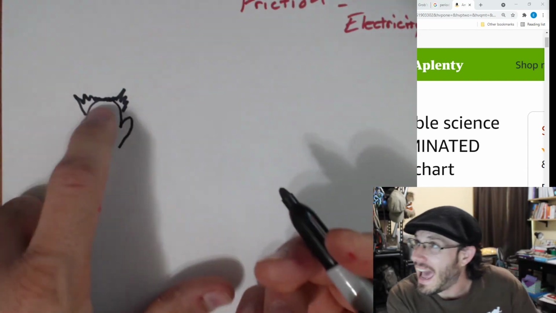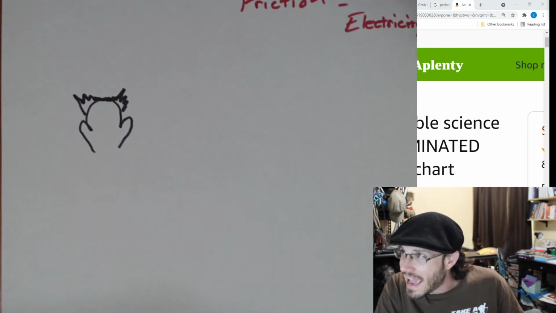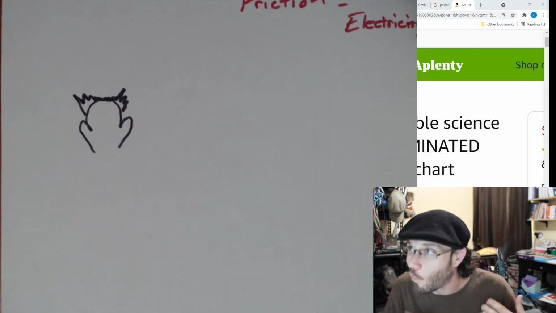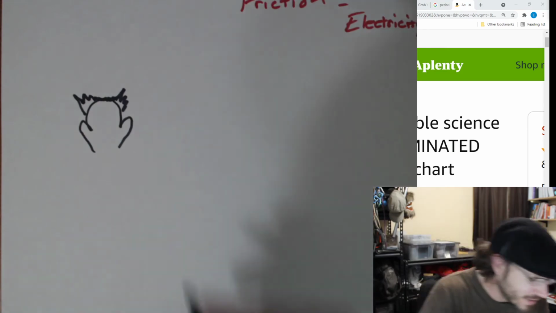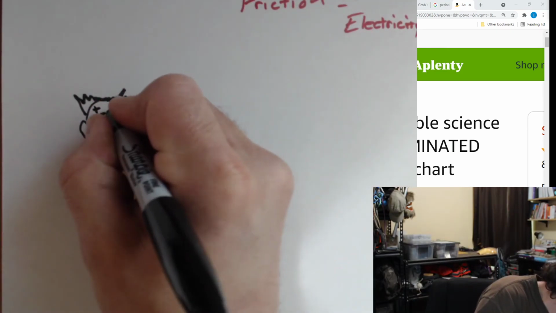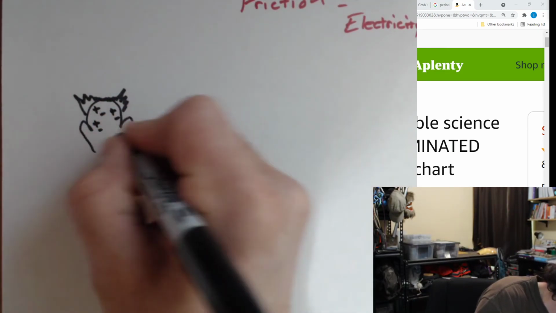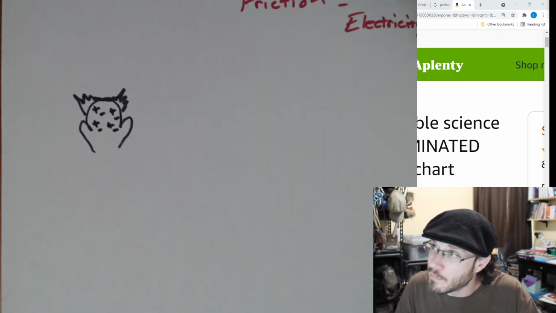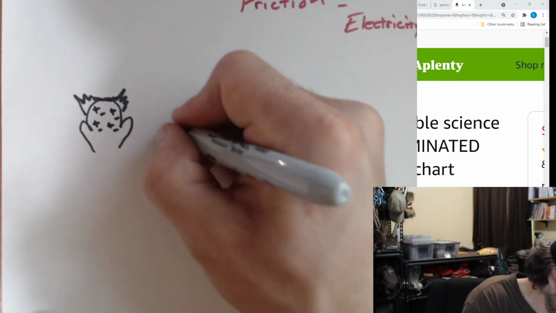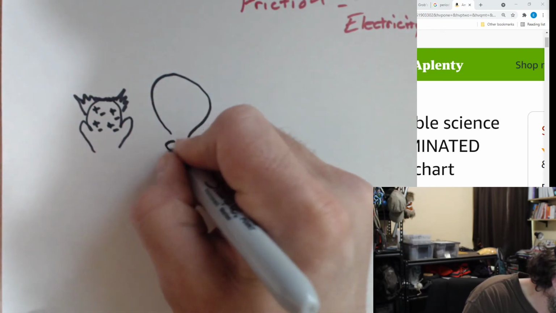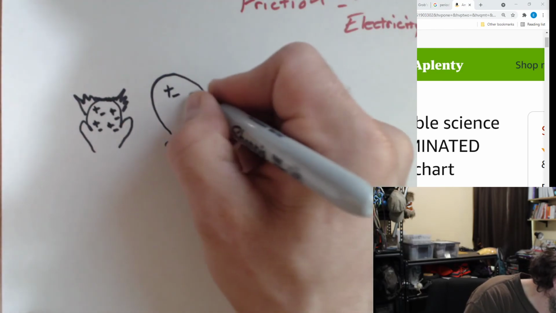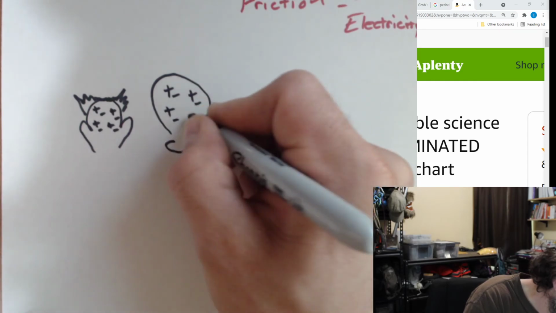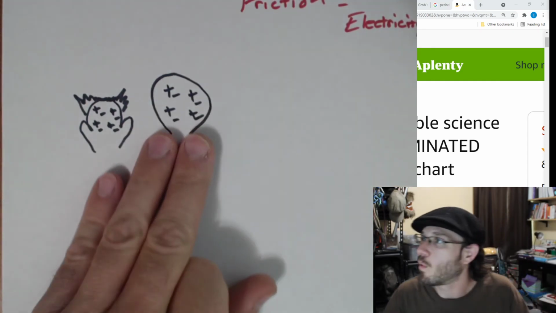Okay, and in my hair, I have a balanced situation. I have one negative for every positive. All right, the same is true for this balloon. What just happened?